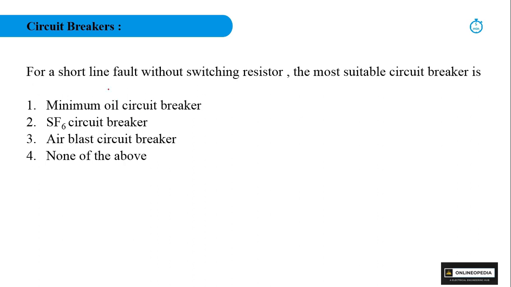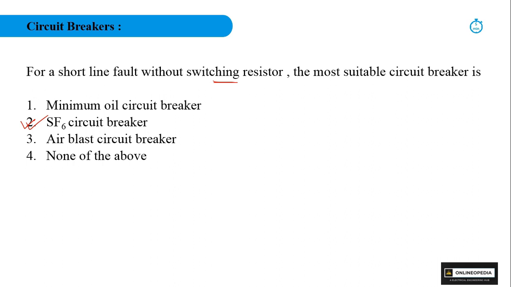next question is, for a short line fault without switching resistor, the most suitable circuit breaker is. So for a short line fault without switching resistor, the most suitable circuit breaker is the SF6 circuit breaker, because in an SF6 circuit breaker, the SF6 gas is used at low velocity and low pressure, as I told you earlier.